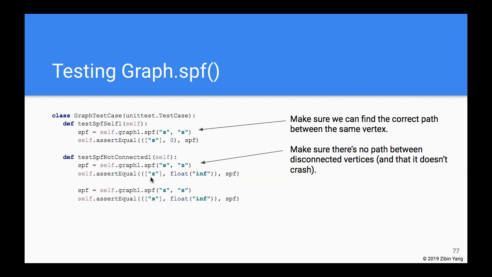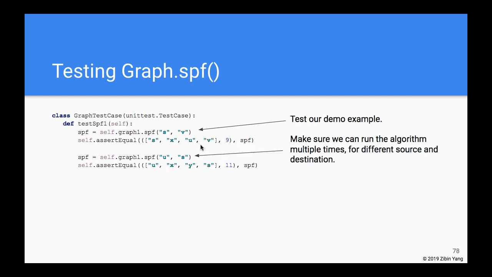The path should consist of just Z itself, but the cost would be infinite, which signals that Z is unreachable from S. We also should do the same thing, but this time put Z as the source rather than the destination. Now, if Z is unreachable, we might want to say the path would be empty, but that depends on the application requirement.